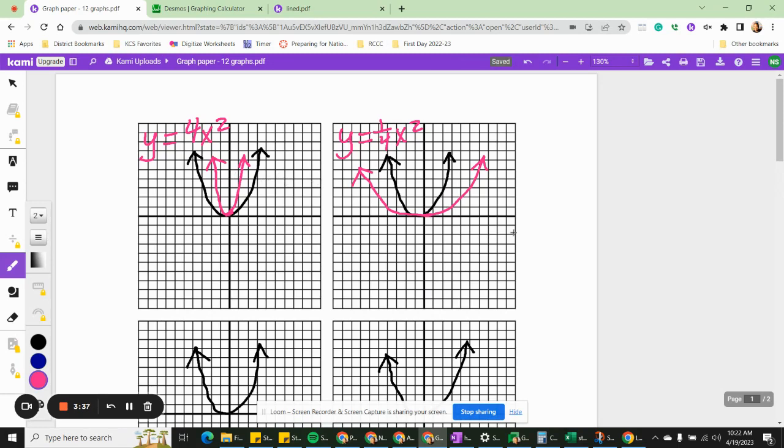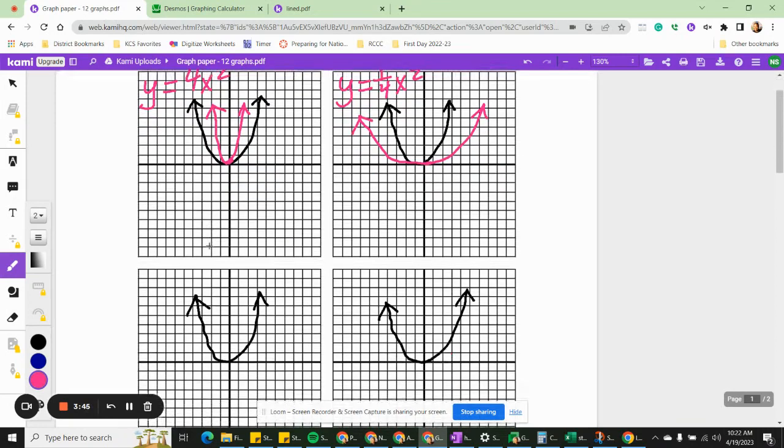And now I want you to graph the rest of these on your paper. On your graph paper, I want you to graph y equals (x plus 2) in parentheses squared. We're going to also do y equals (x minus 2) in parentheses squared.